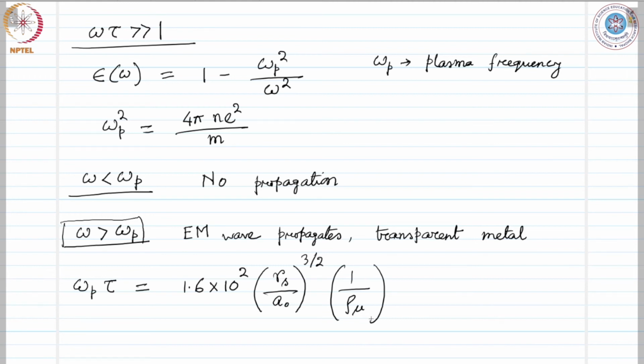In the case of the alkali metals, it has been observed that for ultraviolet rays, the alkali metals become transparent.